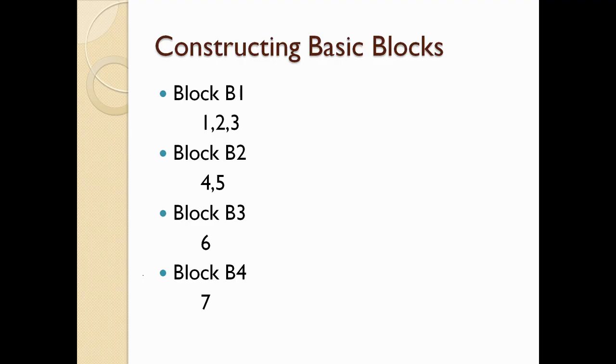Basic block 2 has statements 4, 5. Basic block 3 has only statement 6 because 7 is again another leader, so we should not include another leader. So 7 is another basic block. Once the leaders are identified, the statements are grouped until the next leader appears. So we obtained 4 basic blocks.